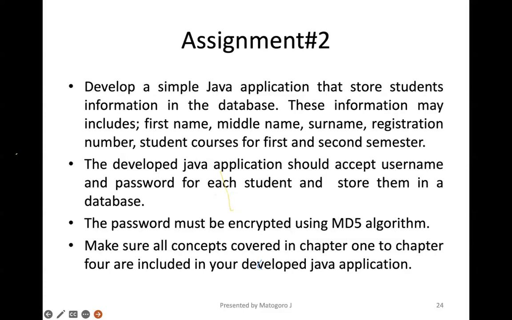The Java application should accept a username and password for each student and store them in the database. The password must be encrypted using MD5, or you can use any encryption algorithm that you prefer, such as SHA-1 and many others. I know we still have some good encryption algorithms that you can use. And make sure all of the concepts covered in this chapter are also included in the assignment.